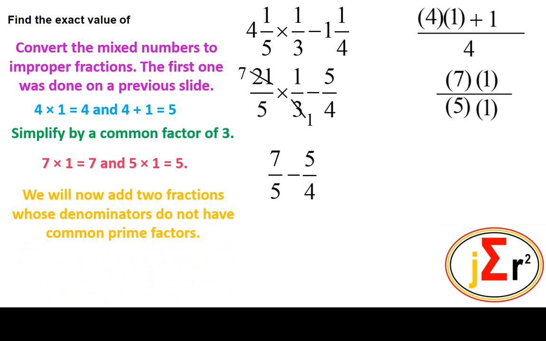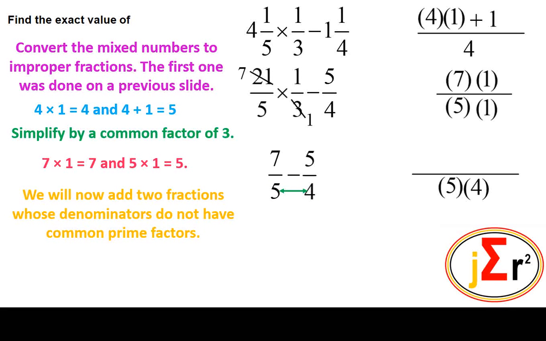And no doubt we will continue by subtracting 5 over 4, and we will do that according to the way that we generally manipulate fractions by addition or subtraction when they do not have a common prime factor in their denominators. The simple way is to say that we multiply the two denominators, and that will be the denominator of the resulting fraction. So we multiply those two first. 5 fours.